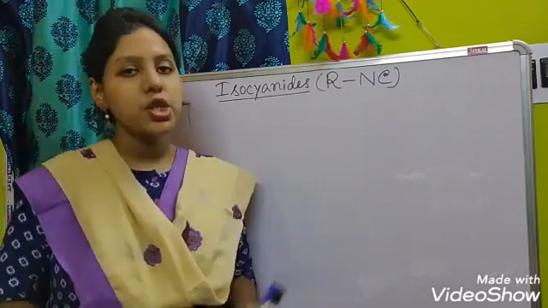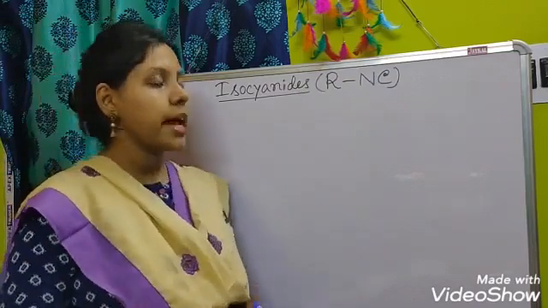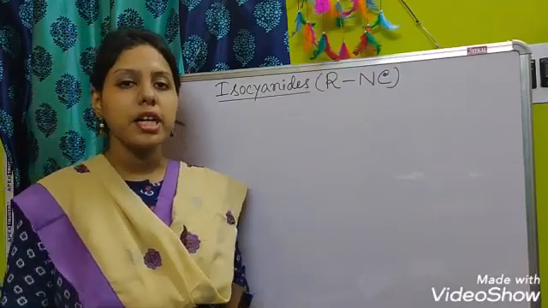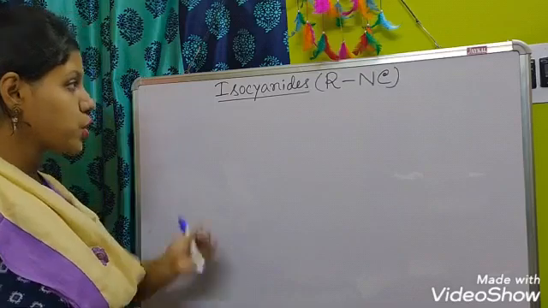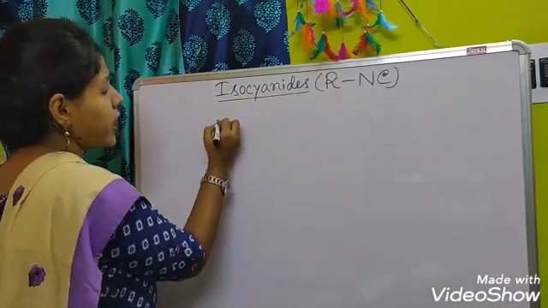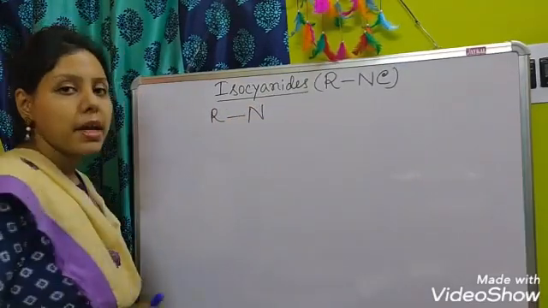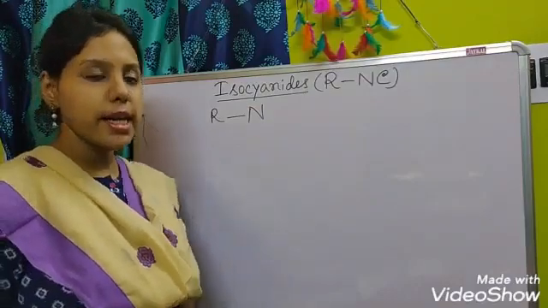So first of all, isocyanides has the same type of atoms like the cyanides, but here the arrangement is a little bit different. So in isocyanides, here the alkyl group is directly attached to the nitrogen.